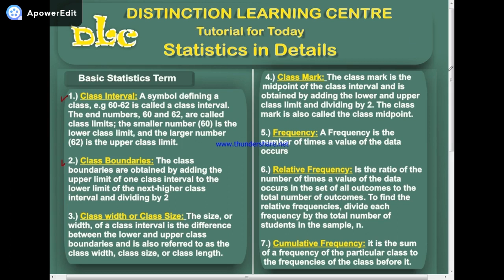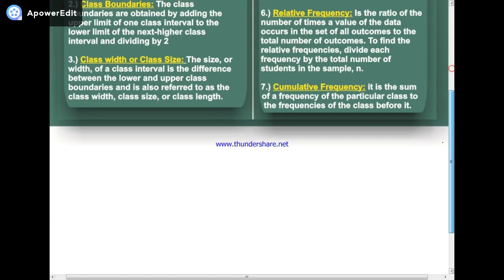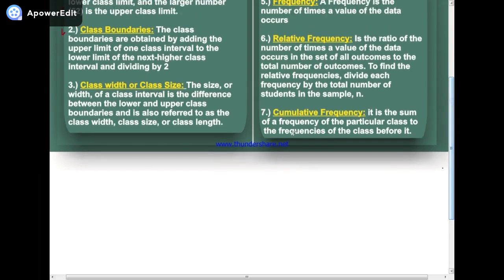What they are trying to explain here is that your class boundary can be obtained by adding the upper class limit of one class interval to the lower class limit of the next higher class interval.